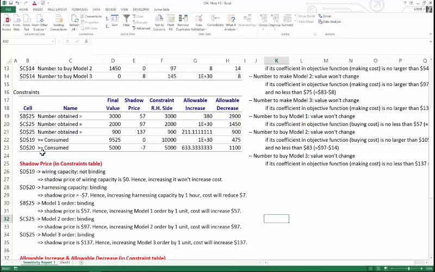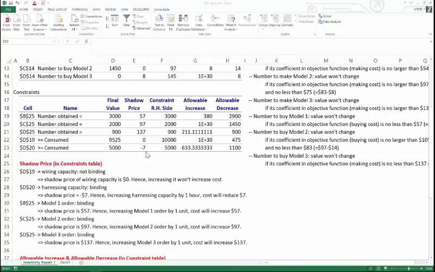Now let's look at the negative shadow price. This is for harnessing. Harnessing has a negative shadow price. What does that mean? First, as long as it's not equal to 0, it means this resource must be binding. It's also verified by the table. The final value is 5,000, and what is actually available is 5,000, so the constraint right hand side is also 5,000.